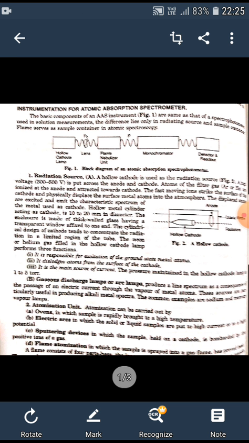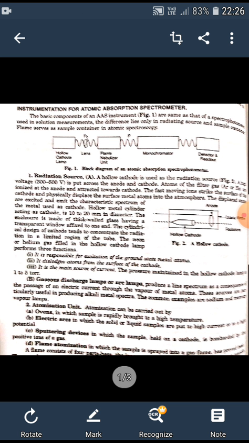Natural gas, propane, butane, hydrogen and acetylene are the common fuels which are used for flame production. Air, or air enriched with oxygen, and nitrous oxide are the common oxidants. A low temperature flame is advantageously used for elements which are easily converted to the atomic state, such as cadmium, copper, lead, zinc, etc. Alkaline earth metals, because of their tendency to form refractory oxides, require higher temperature for decomposition.